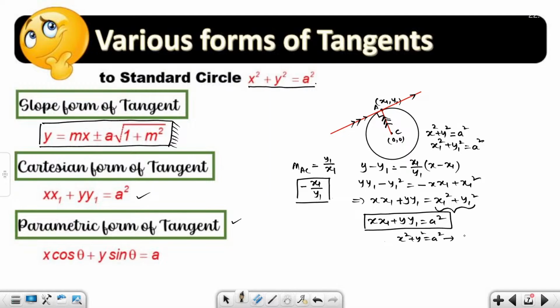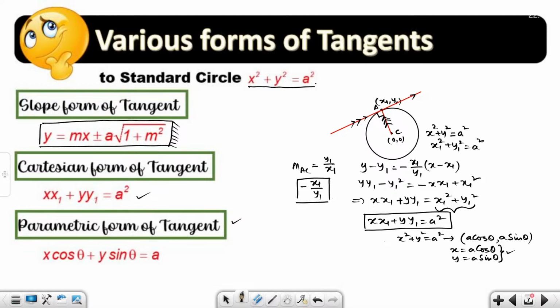The parametric form is, for any point on the circle, we write it in this way: (a cos theta, a sin theta). That is, x equals a cos theta and y equals a sin theta is basically the parametric form of a circle. This we have already learned.